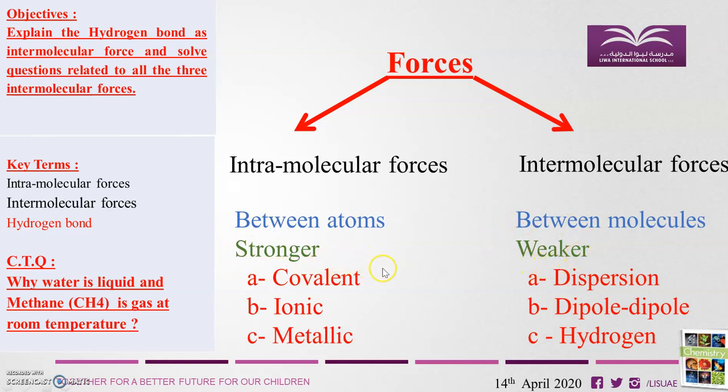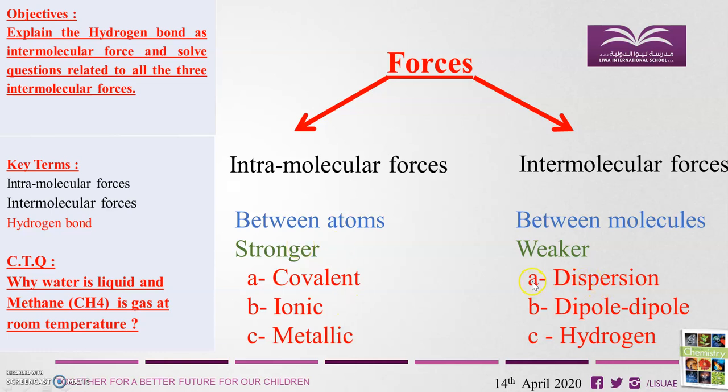Difference number two, intramolecular forces are stronger than intermolecular forces. Number three, examples of intramolecular forces: we have the covalent bond, the ionic bond, and the metallic bond. But when I say intermolecular forces, the examples are dispersion force, dipole-dipole force, and the hydrogen bond. And we said that all of these forces are weaker than any of those three.